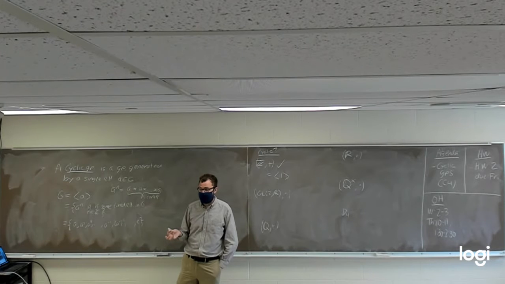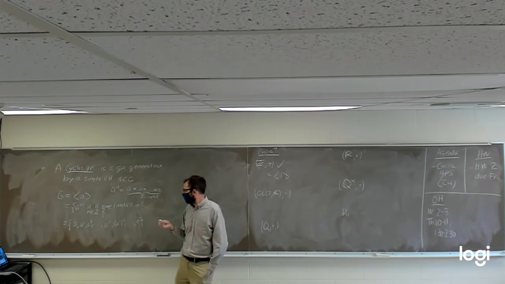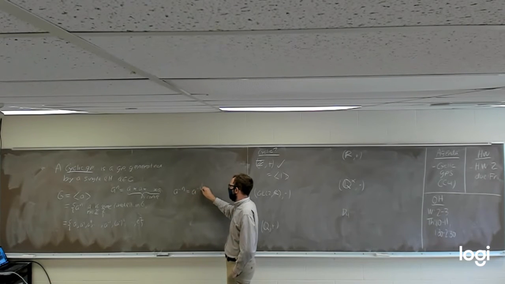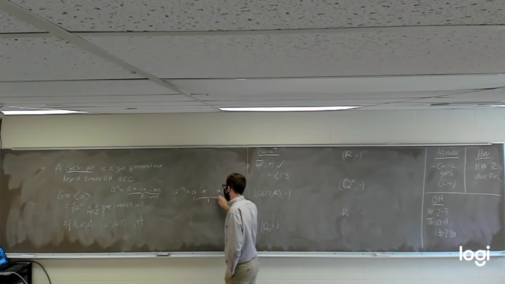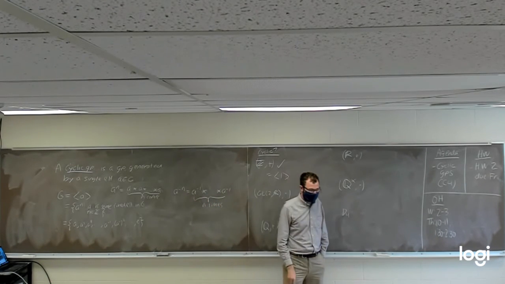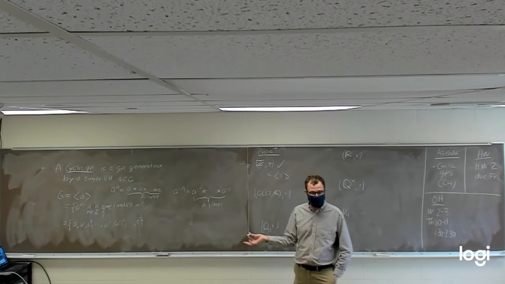In general, if we take a to a negative power, we just mean do a inverse with itself, positive n times. That accounts for what it means to take a negative power of an element here.